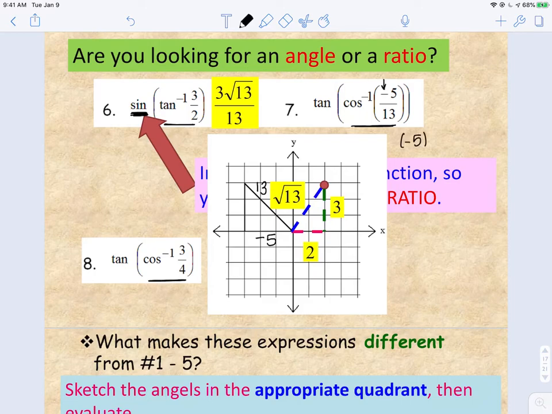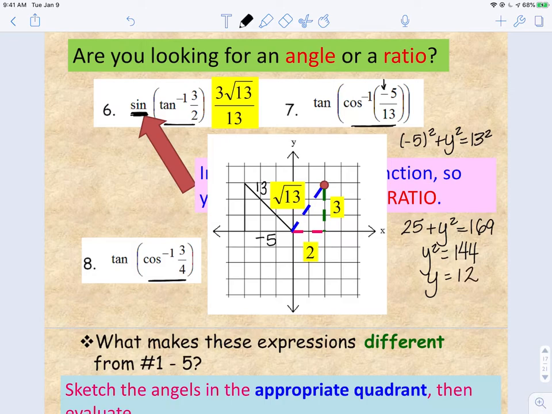So we take -5, we square that, plus y squared is equal to 13 squared. 25 plus y squared is equal to 169. Better do this on my calculator to make sure I get it right. 169 minus 25 gives me a y squared equal to 144. Square root both sides, y is going to be 12.